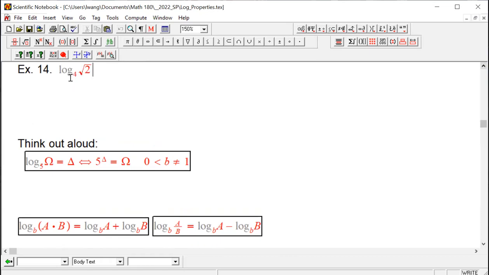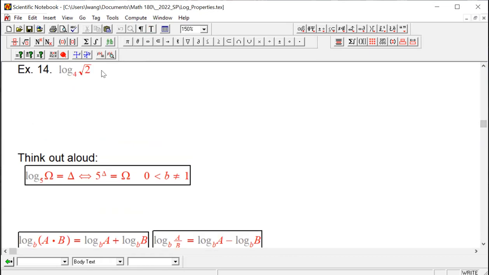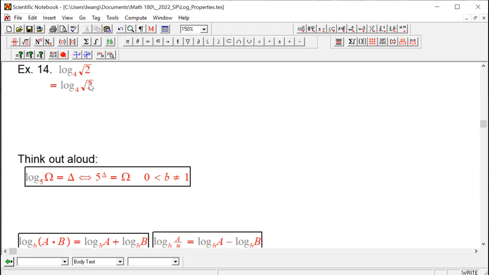All right. Well, no calculator. What do we do? So we want to express square root of 2 in terms of 4 raised to a certain power.